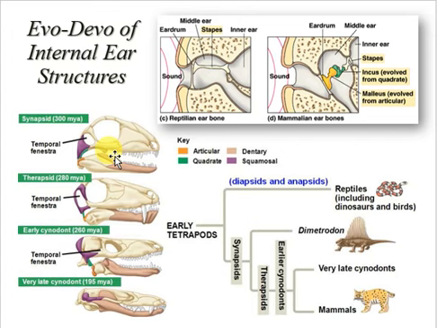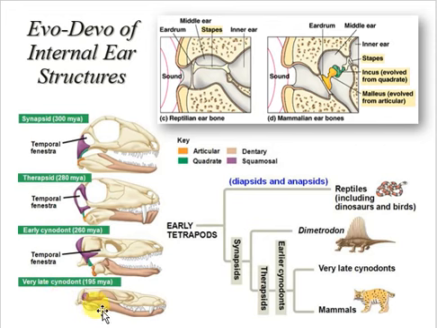Well, in amphibians, reptiles, and birds, you have the quadrate bone, which is located here, and the articular bone. Those two bones connect together and are responsible for articulating the upper and lower jaws. So they serve as the site of articulation.